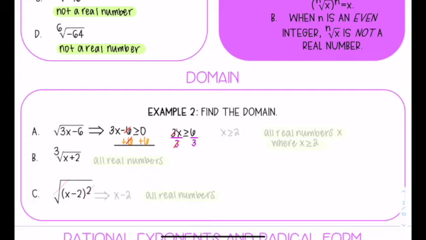So we end up getting that x is greater than or equal to 2. And so the domain is all real numbers x, where x is greater than or equal to 2.